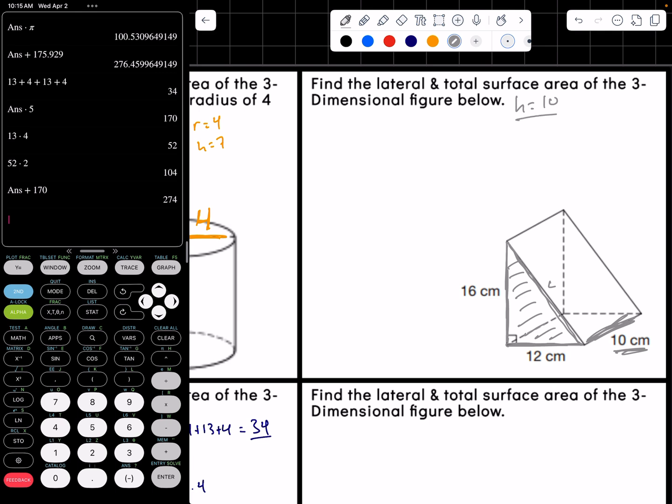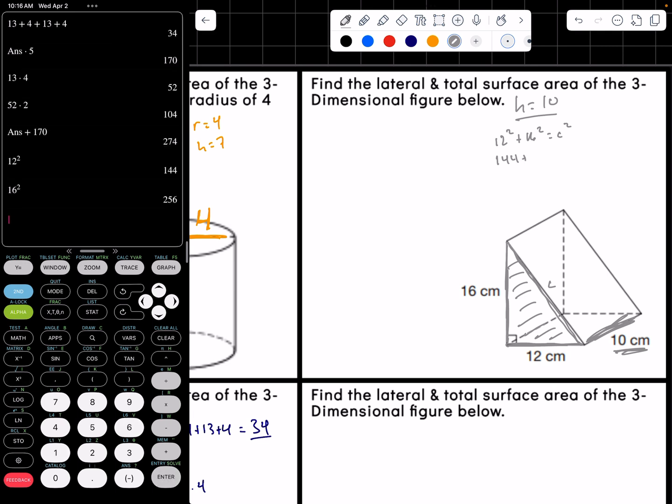To solve for my perimeter, I need to do my Pythagorean theorem. So 12 squared plus 16 squared equals C squared. 12 squared is 144. 16 squared equals 256, which gives me 400 equaling C squared.